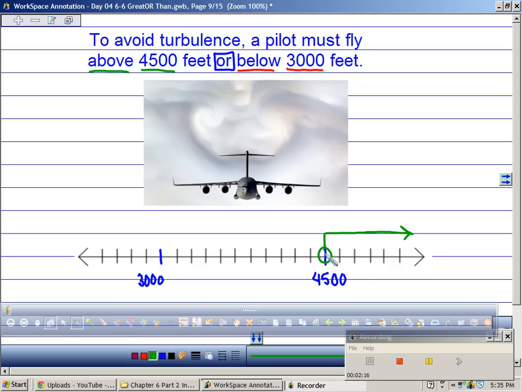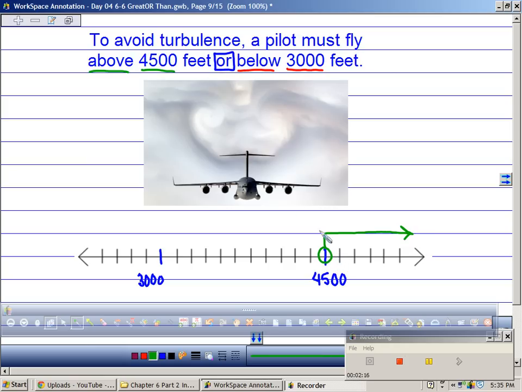Now, would I shade this circle in, or would I leave it open? Let's go back and look. A pilot must fly above. Does that mean the pilot is flying at 4,500 feet, or does that mean not 4,500, just above that? And I think we can say that it would not include 4,500 feet.